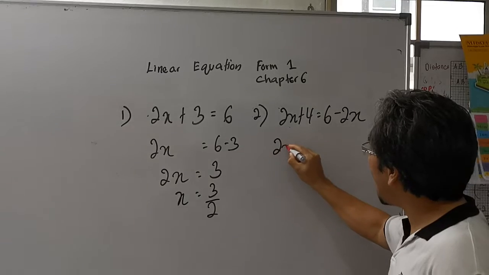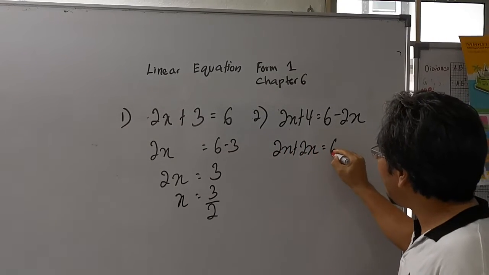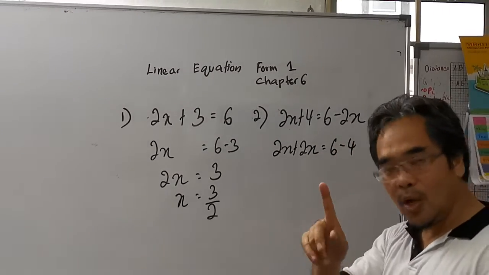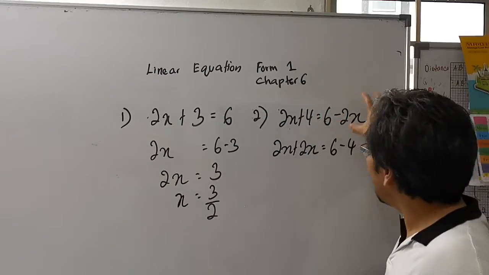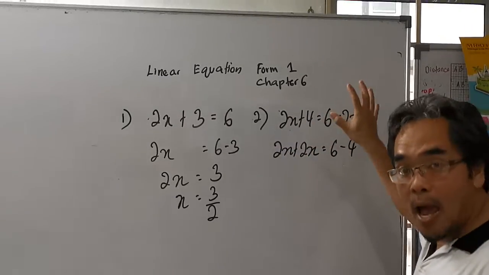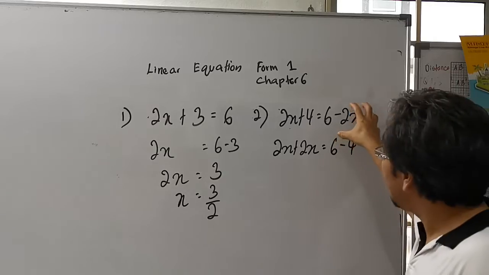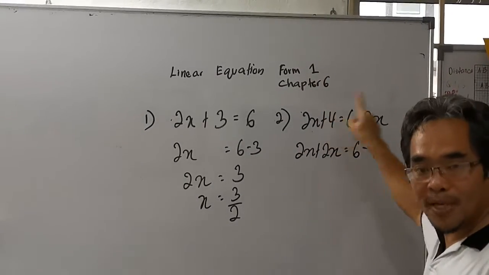So 2x plus 2x equals 6 minus 4. Do you understand this? What I want you to know is that I'm bringing all the algebra to one side, all the numbers to one side. Negative 2x becomes positive 2x. 4 becomes negative 4.